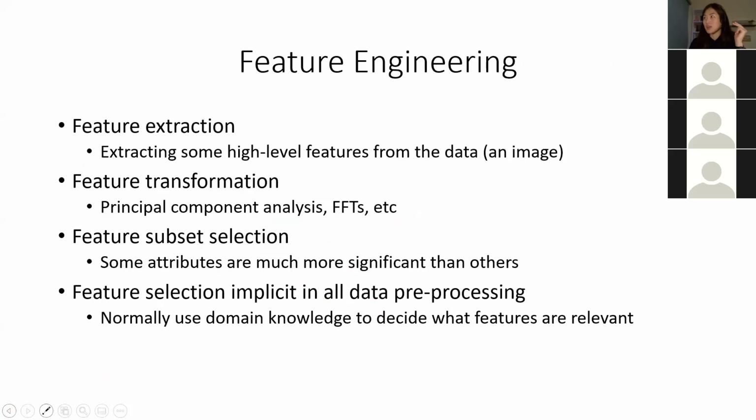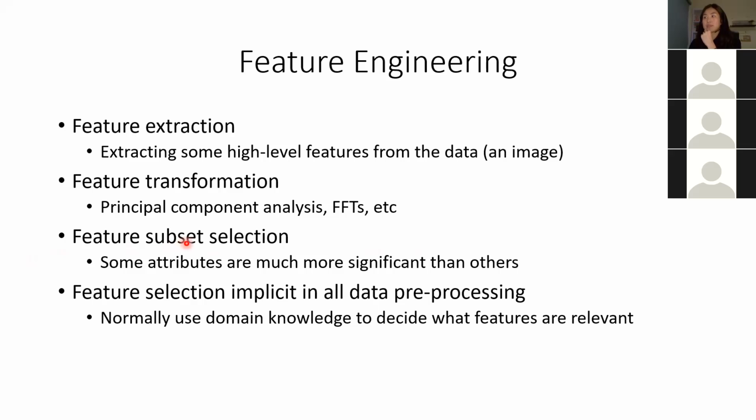So, going back. There are broader terms about feature engineering. Feature extraction is extracting high-level features from data, and transformation is transforming our data, like with a Fourier transform, so we know what form is best before building a model.